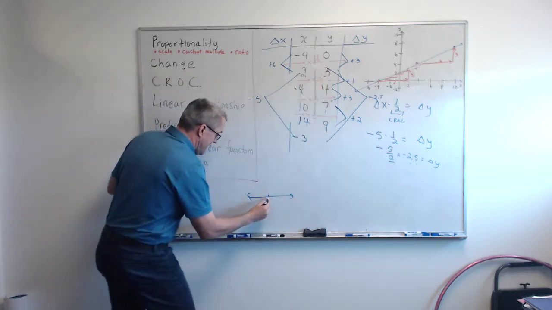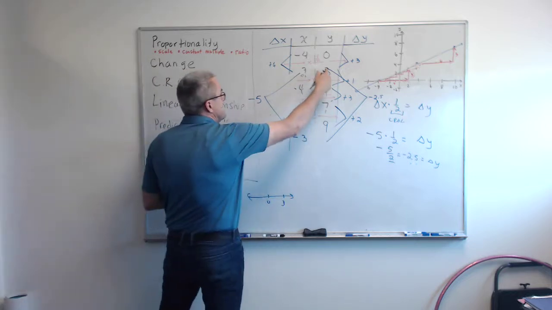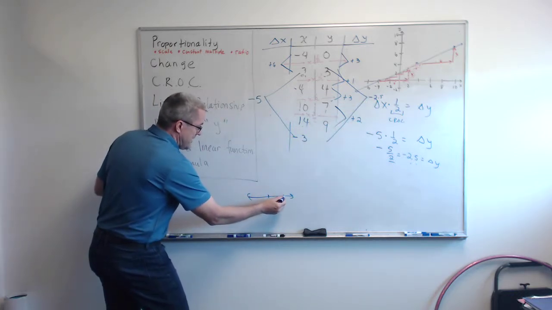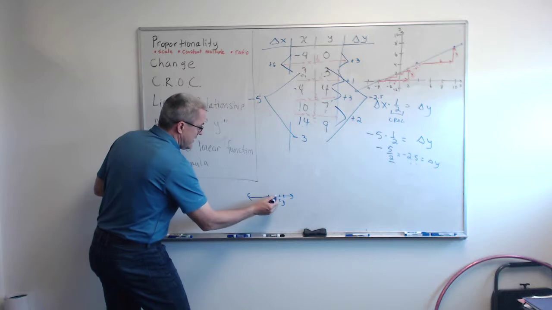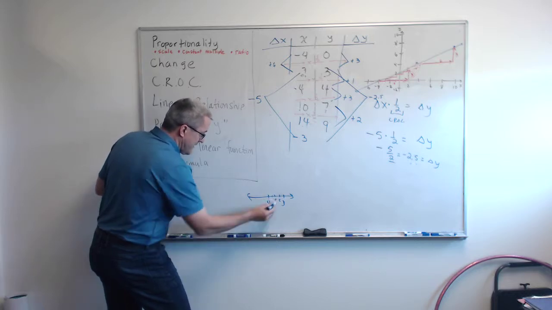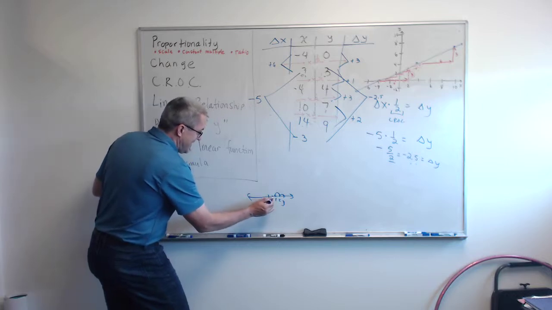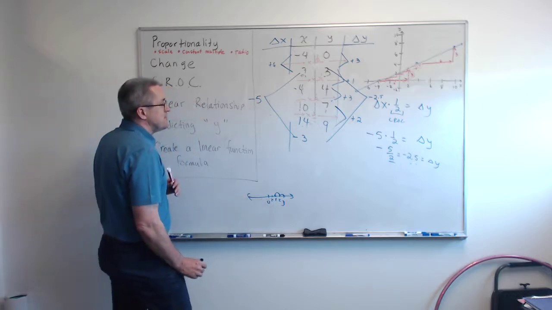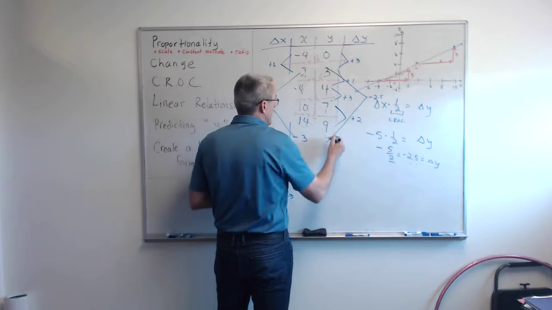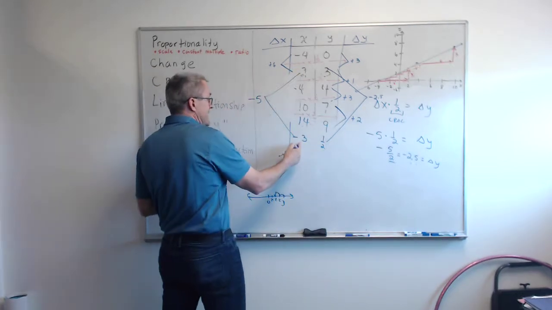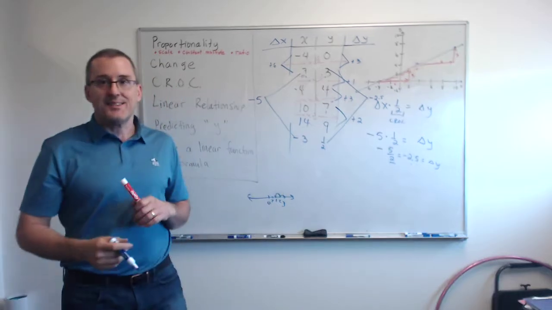Y was at 3, and we're going to decrease it by 2.5. So if I decrease by 1, that takes me to 2, then down to 1, and then another half takes me to just a half. So I'm now at 1/2. So if x is -3, y is a half.